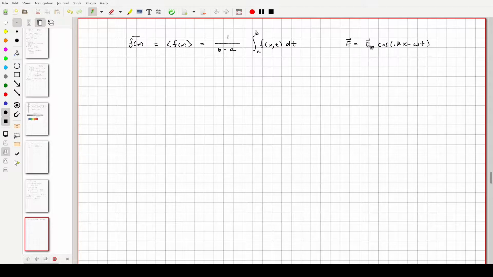What I'd like to do is average our electric field, specifically our electric field squared, so we can come up with an average intensity, I. Now we're going to do this over one period. It oscillates with respect to a frequency of omega. Omega is 2 pi over T. T is the period. So I'm going to average this over one period, from 0 to T.